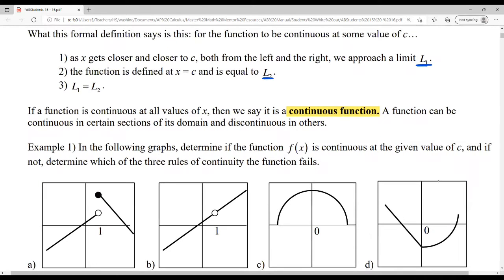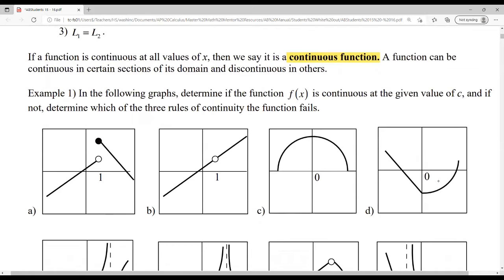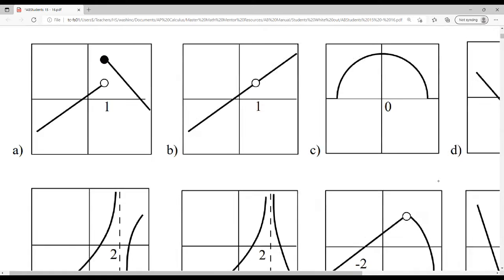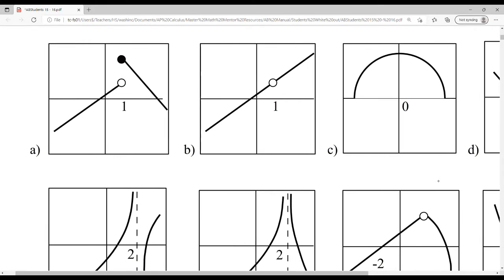So let's look at some graphs. A function could be continuous in some parts of its domain and discontinuous in others. So let's look at some graphs here and see if we can determine if these are continuous at the x value indicated. So we need to show three things. We need to show the limit as x approaches, in this case, 1 of f of x. What would that equal?